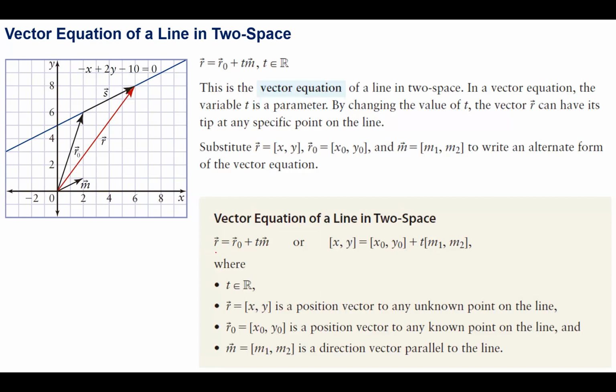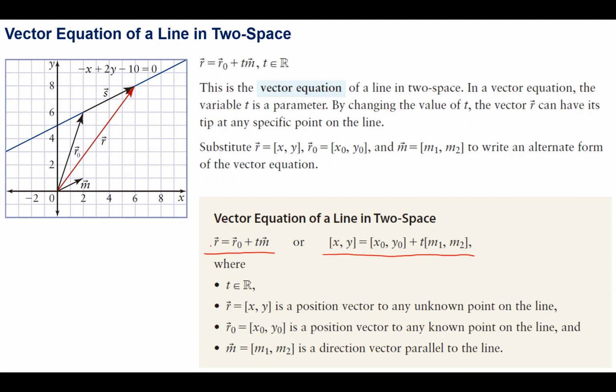So r equals r naught plus t times m is equivalent to this form of equation: x, y equals x naught, y naught plus t times m1, m2. So basically, we substitute these three vectors using the coordinates of their position vectors, right?